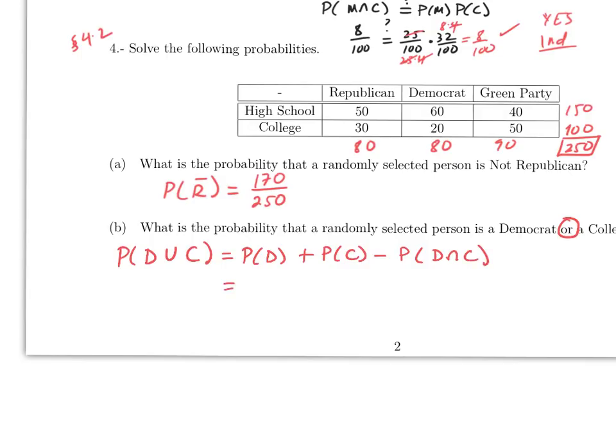Then you look to the table. The first one is 80 over 250 plus 100 over 250 minus 20 over 250, and this adds to 160 over 250.